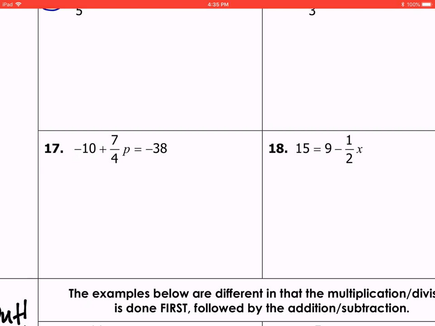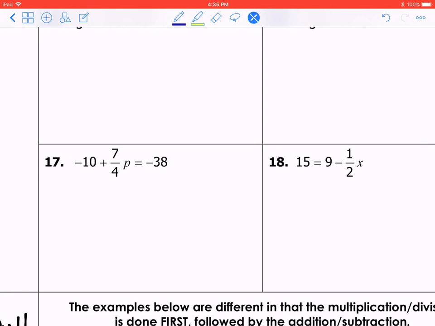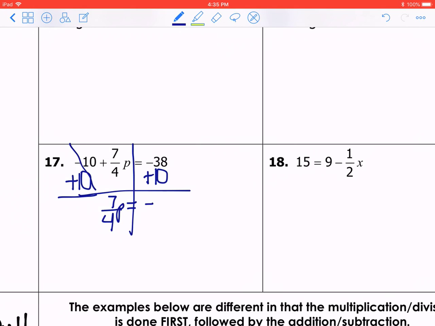So the first thing you're going to do, get rid of this negative 10, so you're going to add it on each side. Tens cancel. And you have 7 over 4p equals a negative 28.